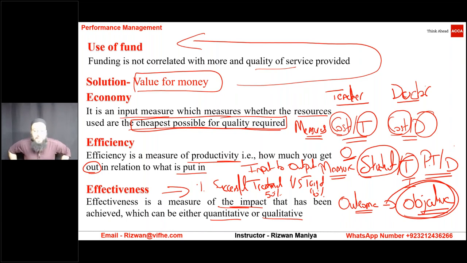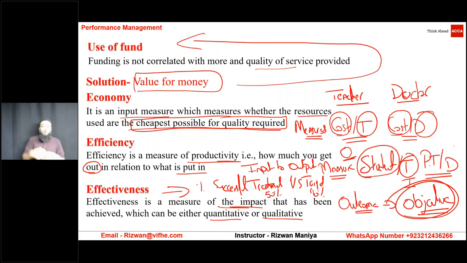So whenever we are measuring effectiveness, it's always good to see what the target is, if it is given in the question. For effectiveness, just compare the target with what you have achieved. If you have achieved the target, it's effectiveness. If you haven't achieved the target, it's not effectiveness.